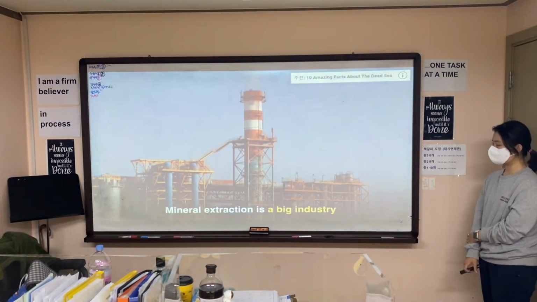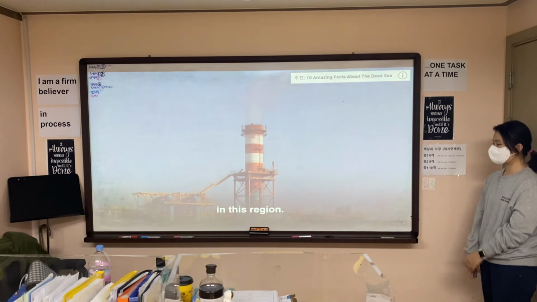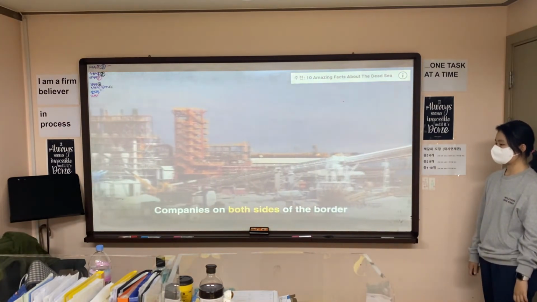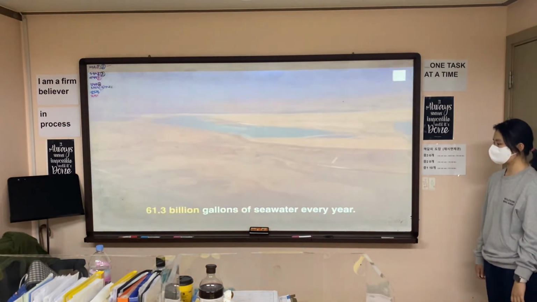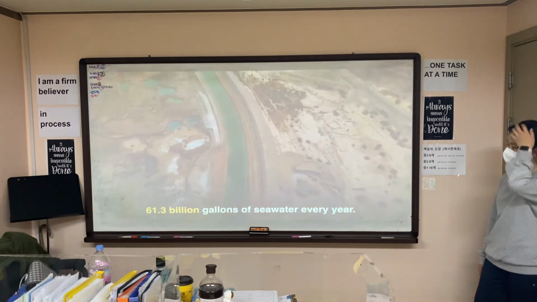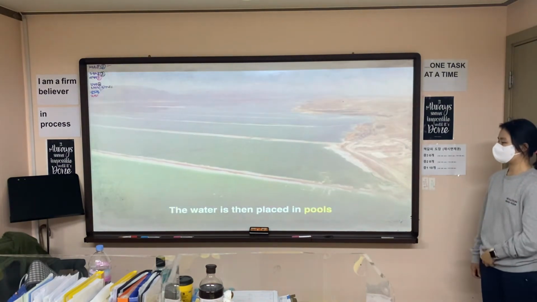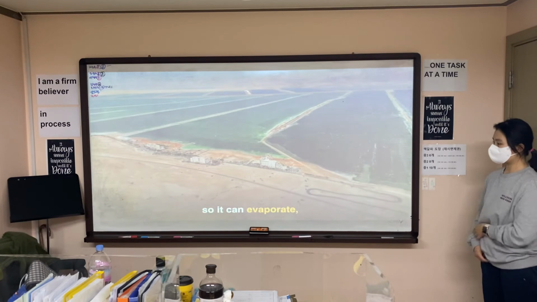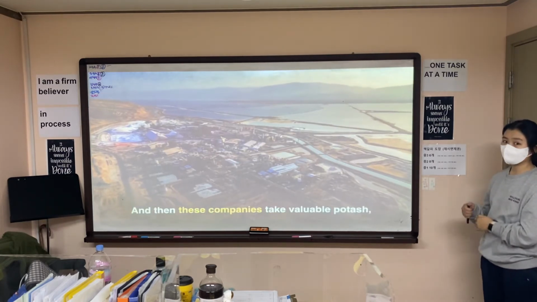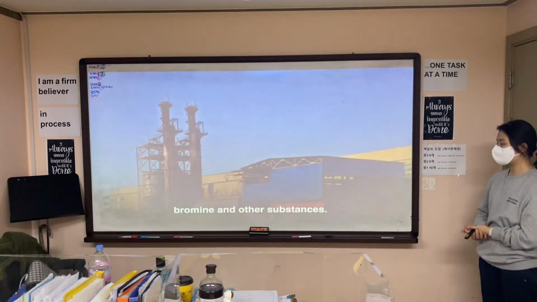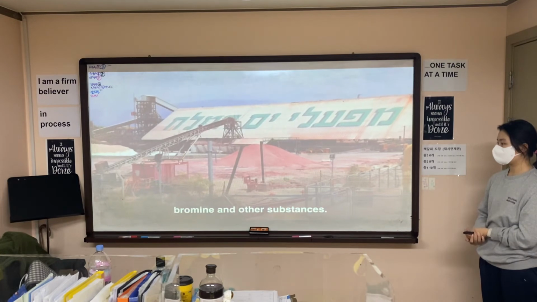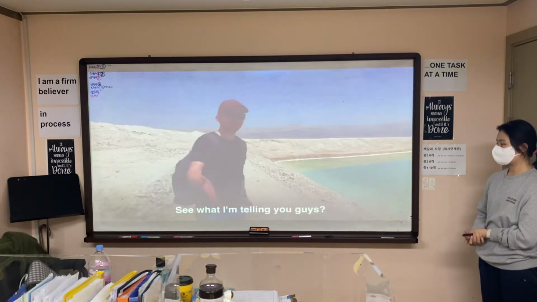Mineral extraction is a big industry in this region. Companies on both sides of the border are pumping an estimated 61.3 billion gallons of seawater every year. This water is then placed in pools so it can evaporate, and then these companies take valuable potash, bromine, and other substances. So, see what I'm telling you guys?